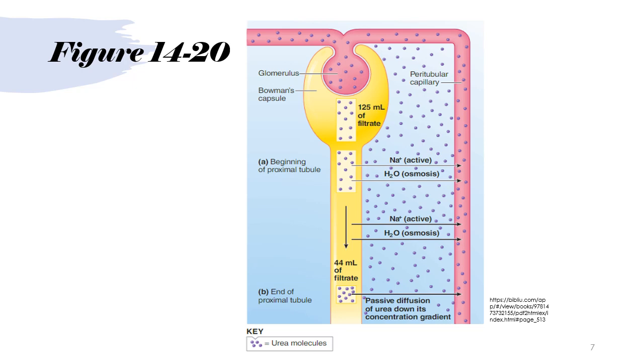As a result, urea concentration within the tubular fluid becomes greater than the urea concentration in the adjacent capillaries. Therefore, a concentration gradient is created for urea to passively diffuse from the tubular lumen into the peritubular capillary plasma. Because the walls of the proximal tubule are only somewhat permeable to urea, only about 50% of the filtered urea is passively reabsorbed by this means.